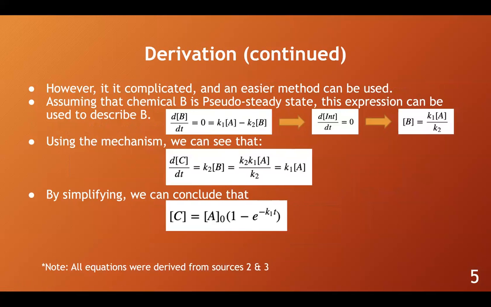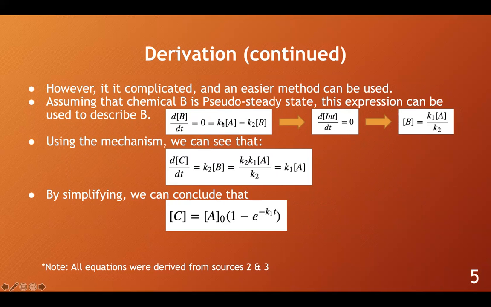Like I said, the law that I showed in the previous slide is complicated, and there's an easier way to derive it using the PSSA. So assuming that B is at pseudo steady state, the expression can be described as the change in the intermediate is always equal to 0.